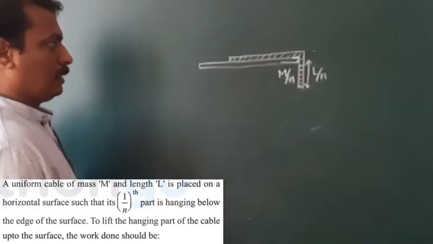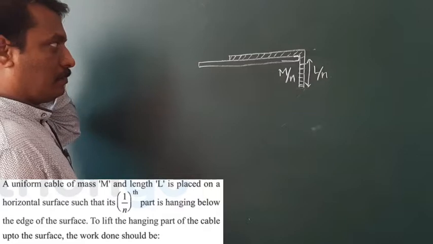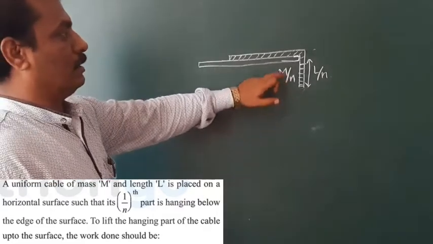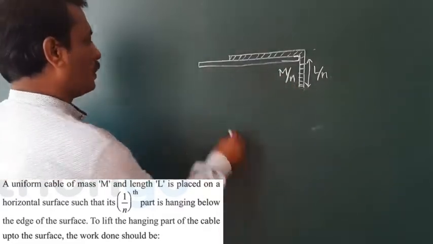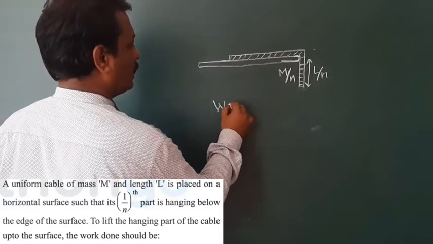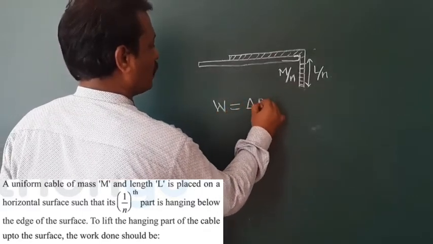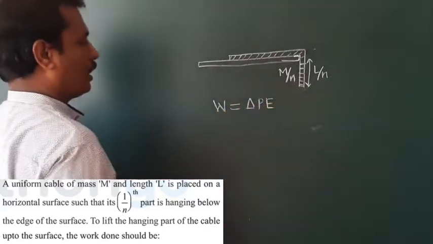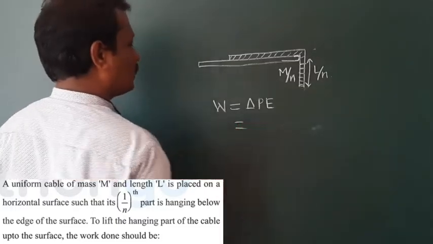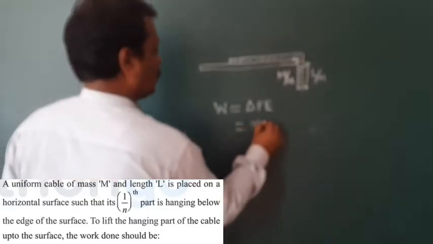So here, work done is equal to the change in potential energy. Potential energy is equal to what? mgh.